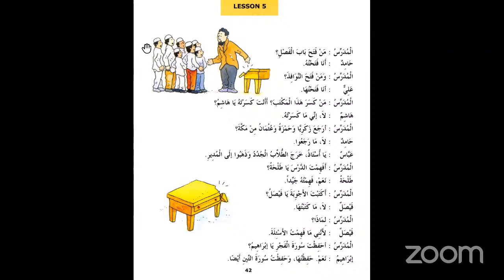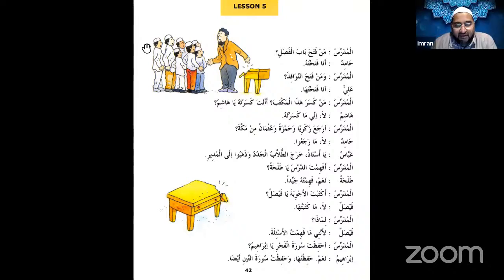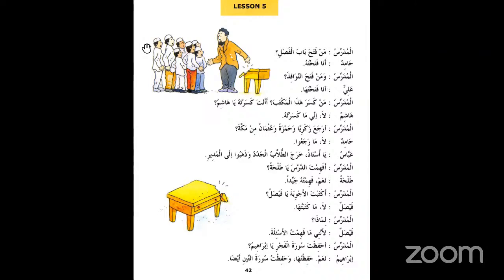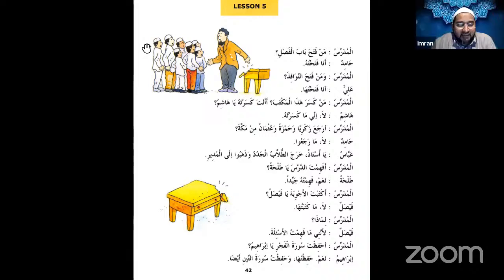Wadhahabu ilal mudiri. Because this is referring to the tulab. Brilliant. Tulab is referring to the multiple number of tulab, encasing the tulab inside it, and they went to the principal. Correct. That's absolutely right.